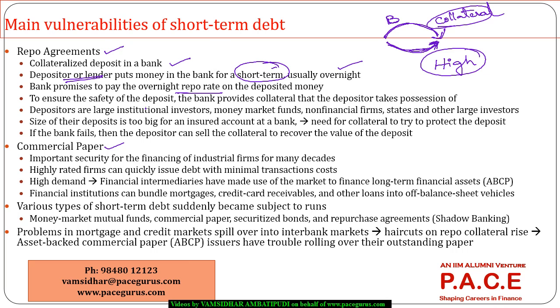So, to ensure that the bank is going to pay, to ensure the safety of the deposit, the bank is providing the collateral to the depositor. So the depositor is having a collateral from the bank, and once the bank pays the depositor back, the collateral will be refunded.